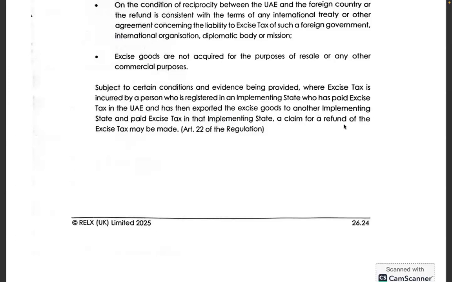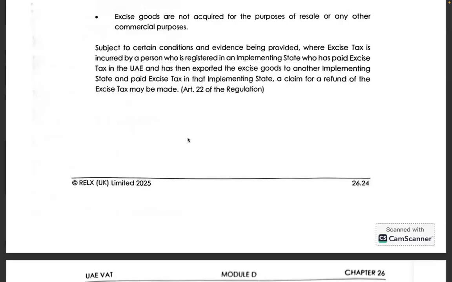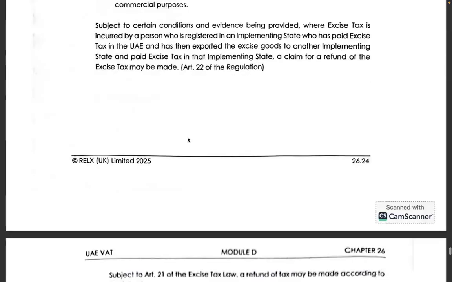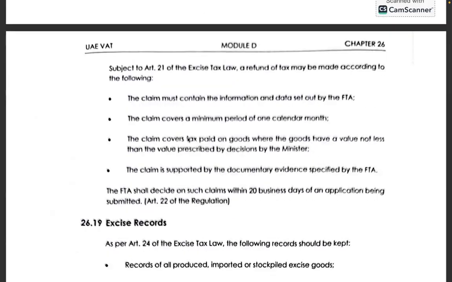A claim for a refund of the excise tax may be made because the same goods cannot be subjected to tax twice in the GCC for excise purposes. If it is paid in one place, they may claim a refund.